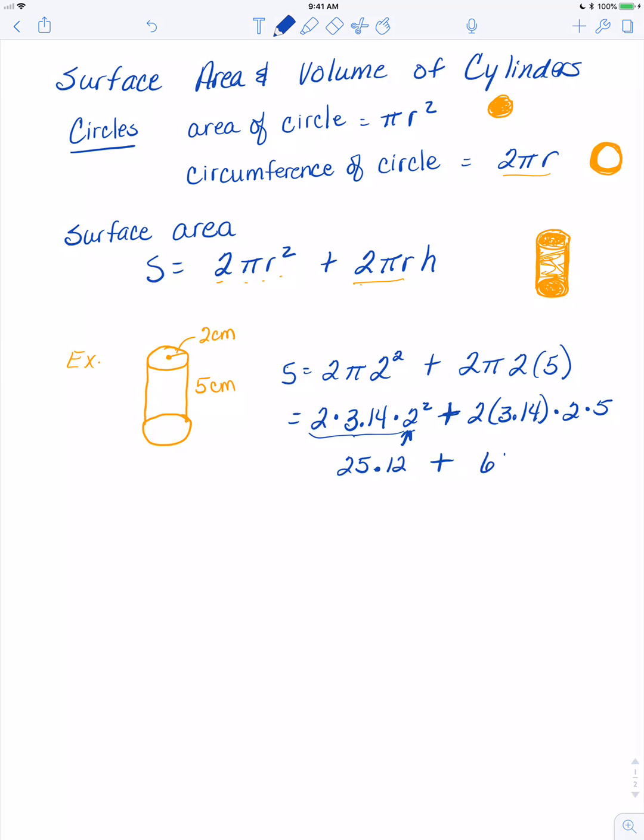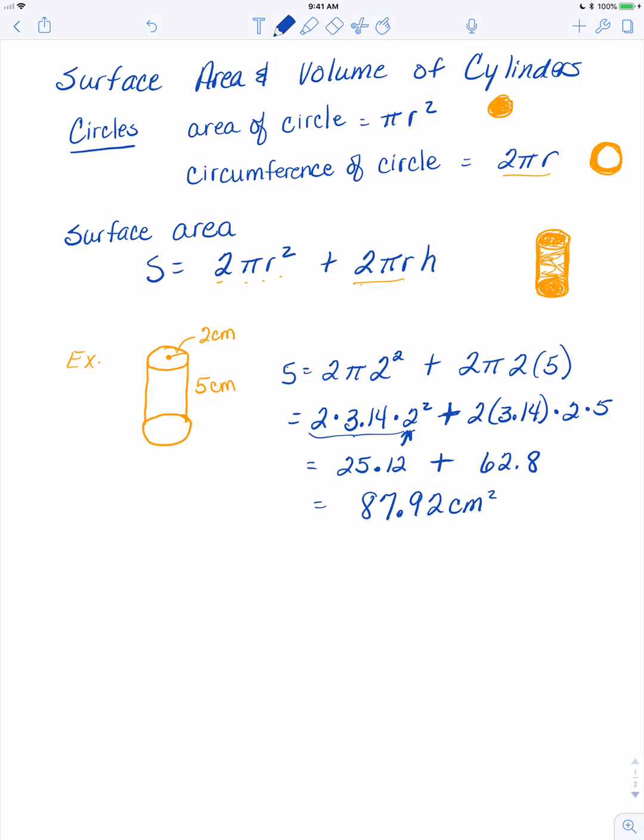That gives us 62.8. So then we have to add those two together, and that gives us approximately 87.92 centimeters for our surface area, and that is squared. Okay.